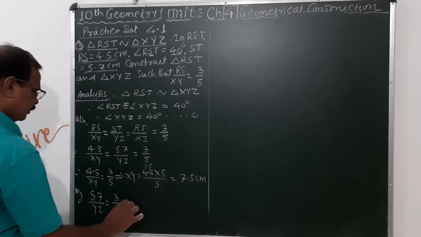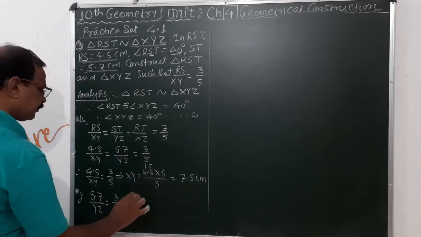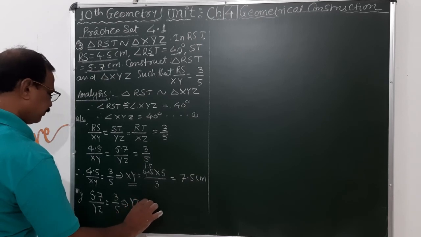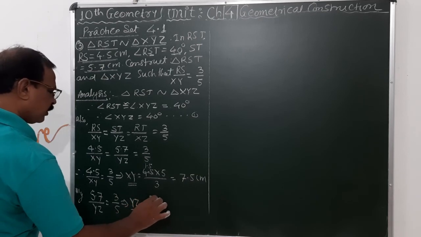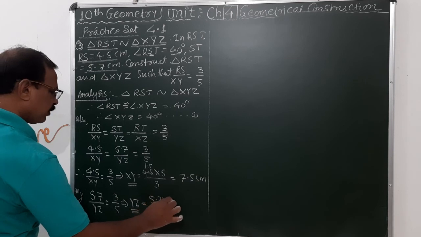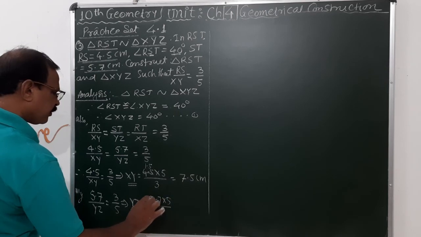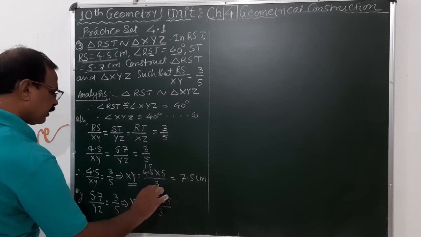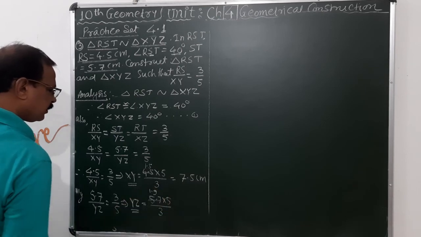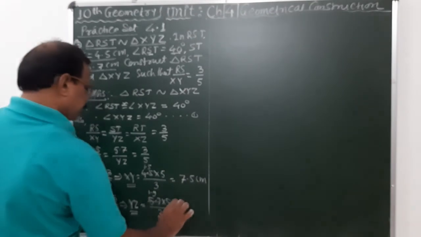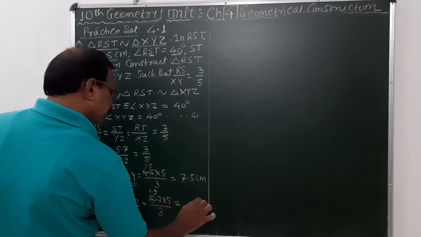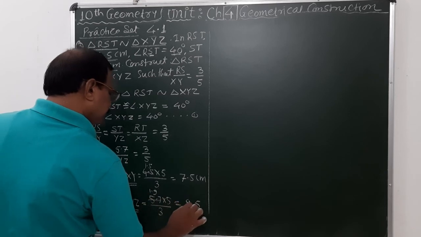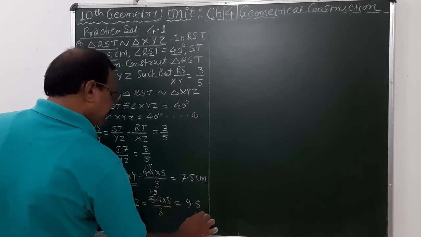It gives the value of YZ is equal to 5.7 into 5 divided by 3. So 3 1s are 3, 3 9s are 27, which is equal to 9.5 centimeter here.